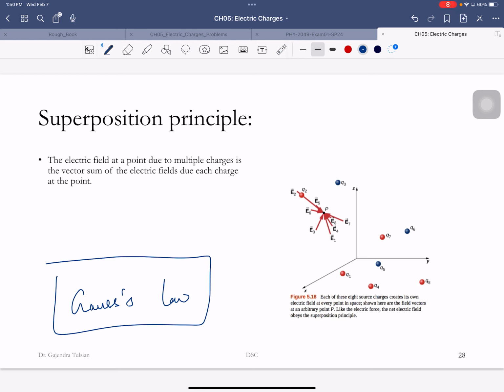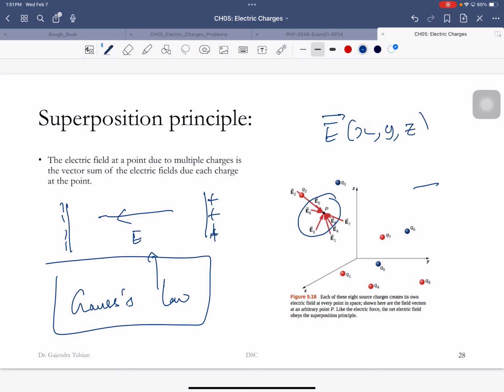For instance, if you smear the right wall evenly with positive charges and the left wall evenly with negative charges, Gauss's law will help you calculate the electric field without having to add up all these electric fields. Because you will be interested in the electric field in a region. So you will need to know the electric field at all locations.